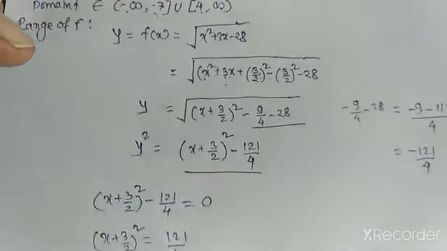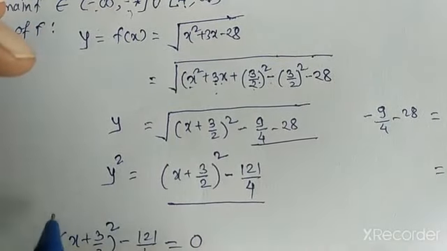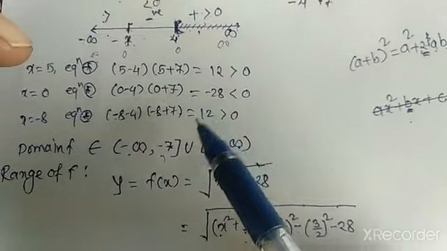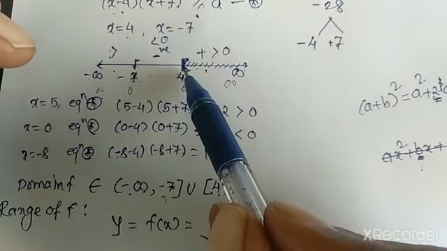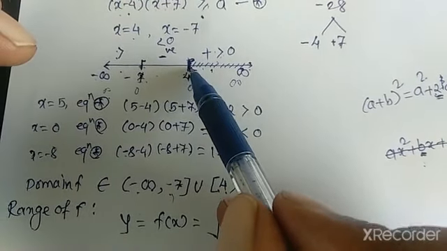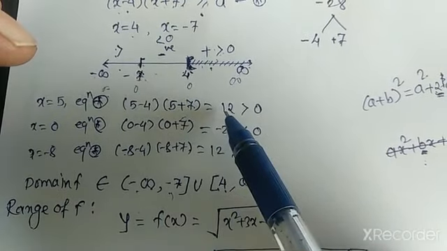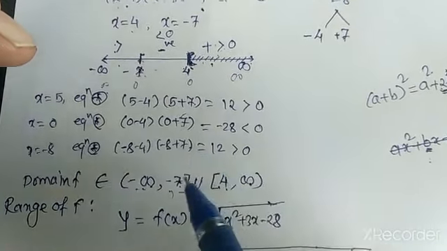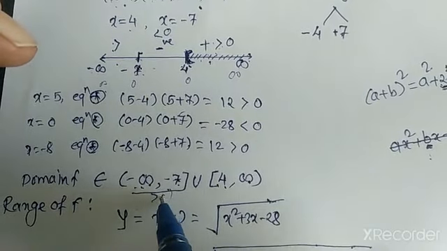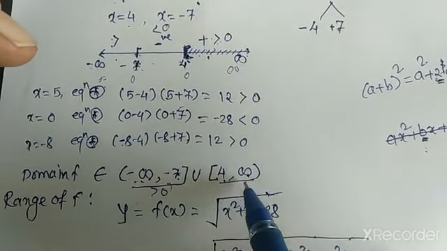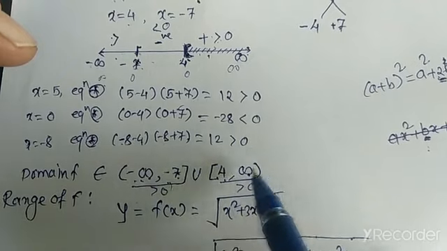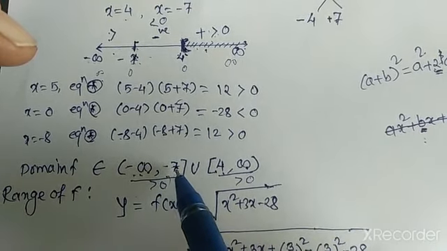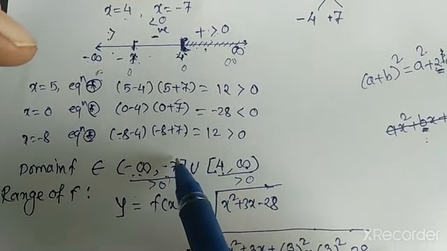Or you can directly, it is not necessary to do these calculations, you can write from this also. Here you can see that the values of x at 4 and minus 7 are the domain set, which is minus infinity to minus 7. Here it is greater than 0, and in this interval also it is greater than 0, 4 to infinity and minus infinity to minus 7, and its least value, which means at minus 7 and 4, it is equal to 0.